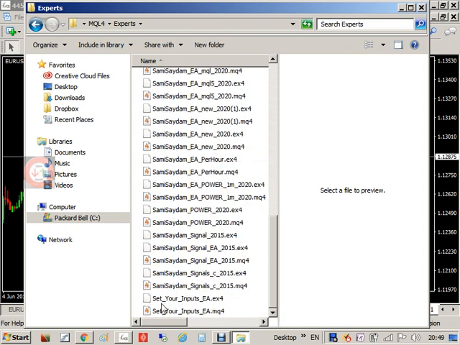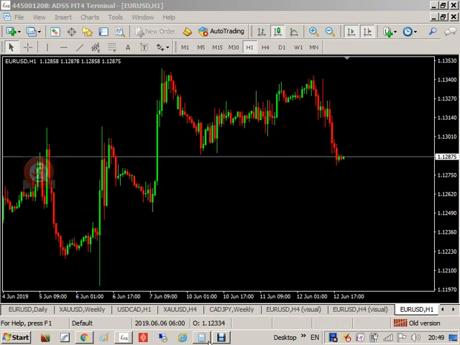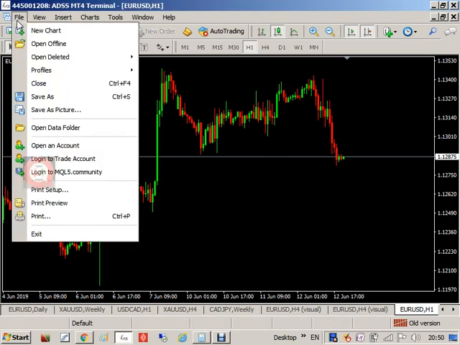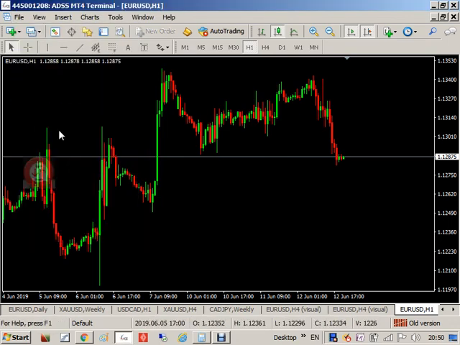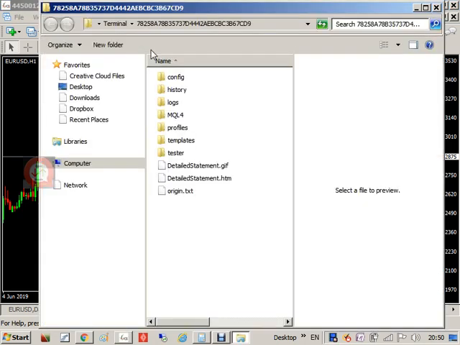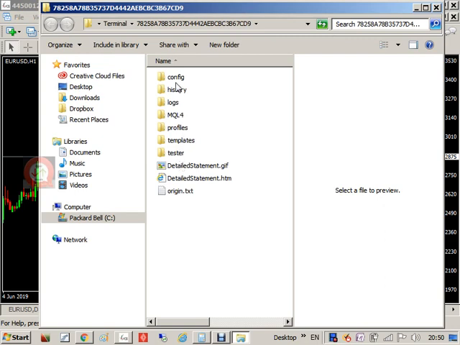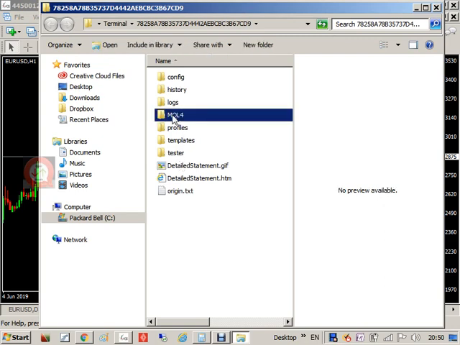If you download the expert advisor, okay, they will give you the file. And if it is an indicator, you go File, the same, Open Data Folder, and you download it. I mean to copy and paste in MQL4.